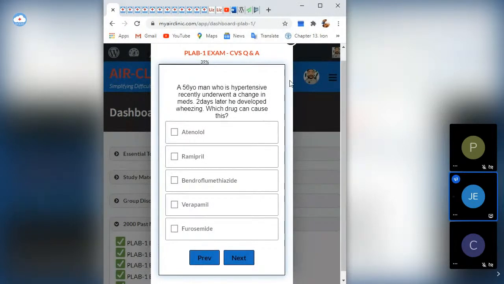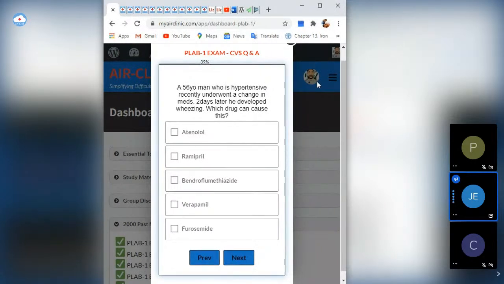For you to increase GFR, you have to increase the inflow and decrease the outflow. That's the way you increase the glomerular filtration rate.